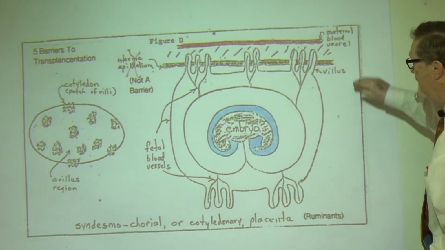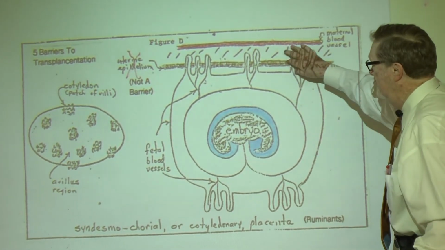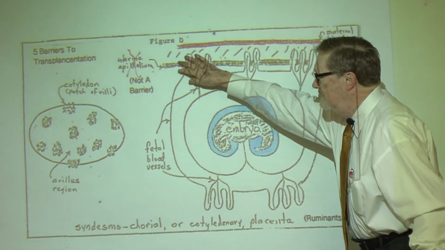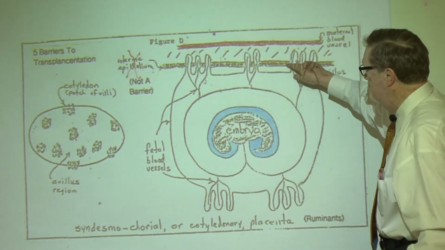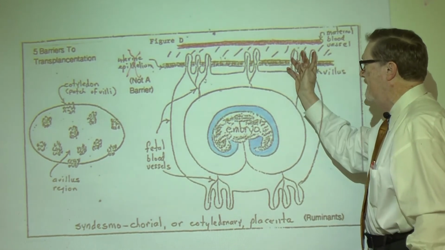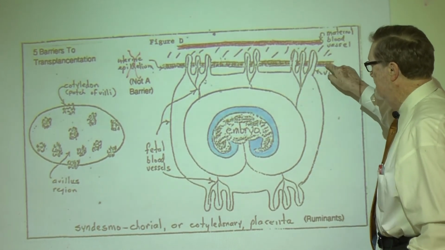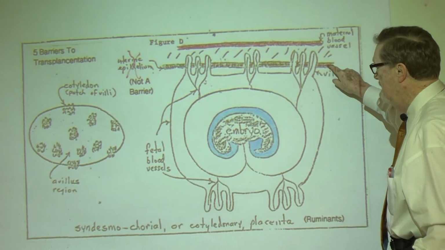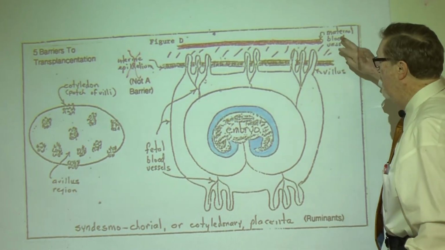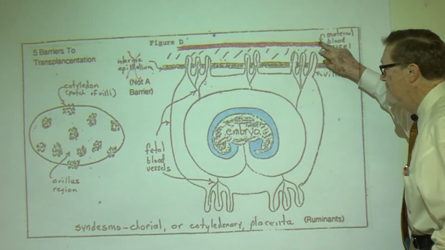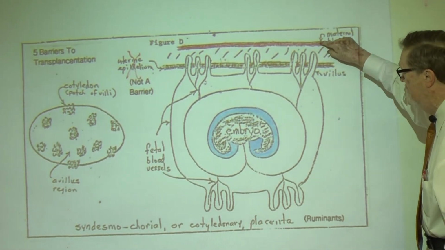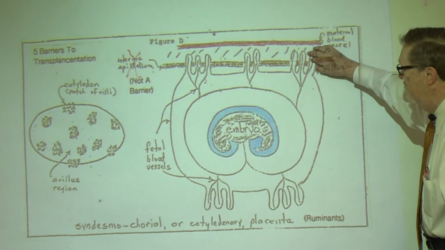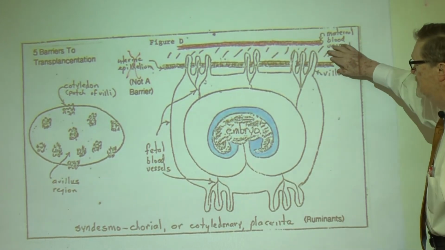Then here is the endometrium tissue up inside there. But the outer layer of endometrium tissue, the villi have poked through it. It's no longer a barrier. This epithelial tissue right here is just not a barrier anymore. There are only two barriers of maternal origin to transplantation: the wall of the maternal blood vessel and this layer of endometrial tissue right here.